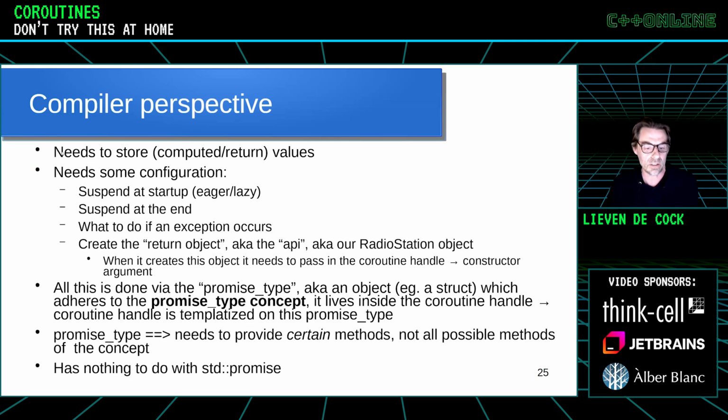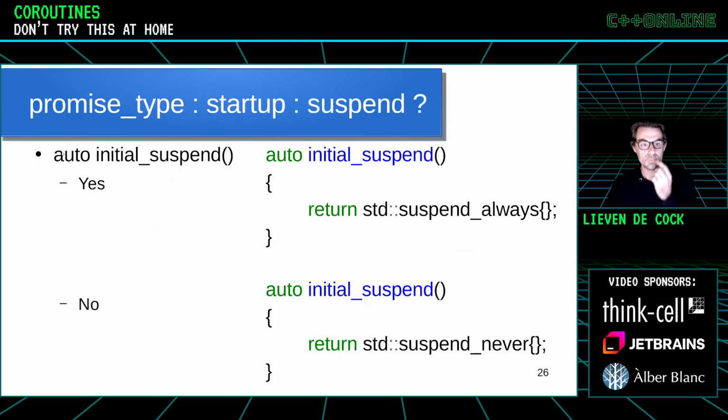Most of the time we only need a subset. The promise type concept has nothing to do with std::promise, just to avoid confusion. Now, the configuration of what should happen at startup.